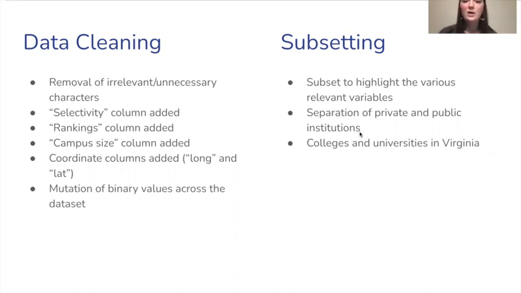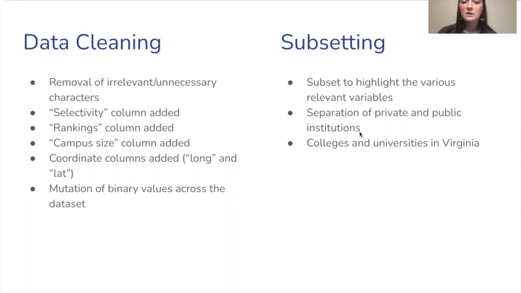Additionally, binary values were mutated across the data set for logistic regression purposes. These values corresponded to the quality of financial aid based on the average net price of an institution being above or below the mean of $22,337, receiving a 1 if it was categorized as good and a 0 if it was categorized as bad.